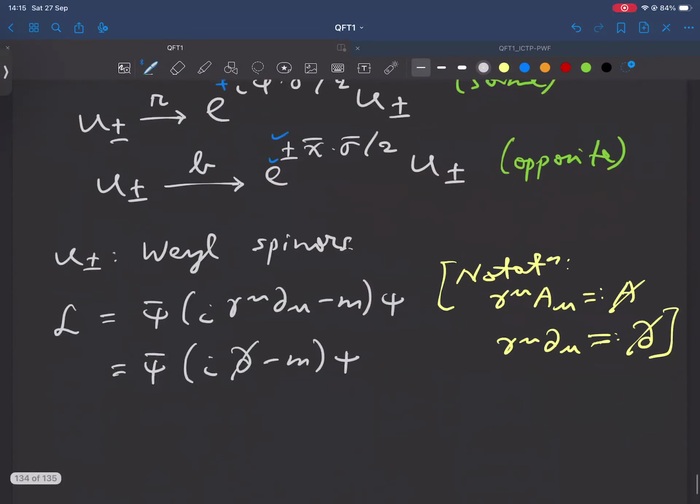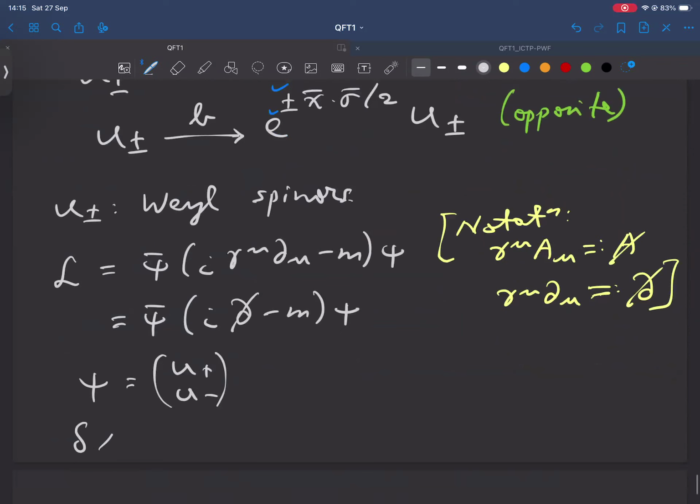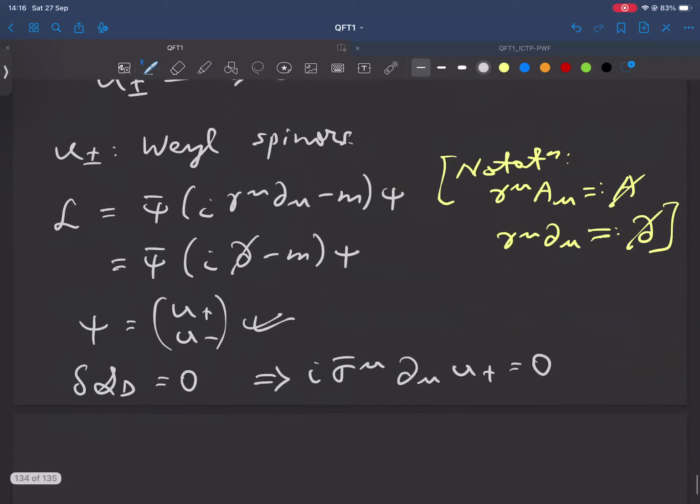If you take this and plug in psi as u plus, u minus, and then take the Dirac action variation to 0, which we did already, you can directly look at the equation of motion with this input. What you will get is the equation of motion for the plus Weyl spinor is this, and the equation of motion for the minus is this.